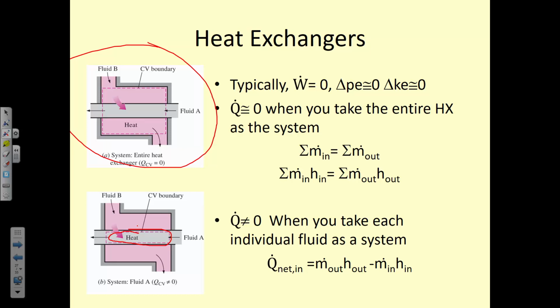If you take the fluid of each individual one as the system, then you can calculate the heat transfer. When you have a heat exchanger problem, which you do in your homework, there's 3 possible systems that you can look at: fluid 1, fluid 2, and the whole thing. Depending on your knowns or unknowns, there's 3 different things to look at.